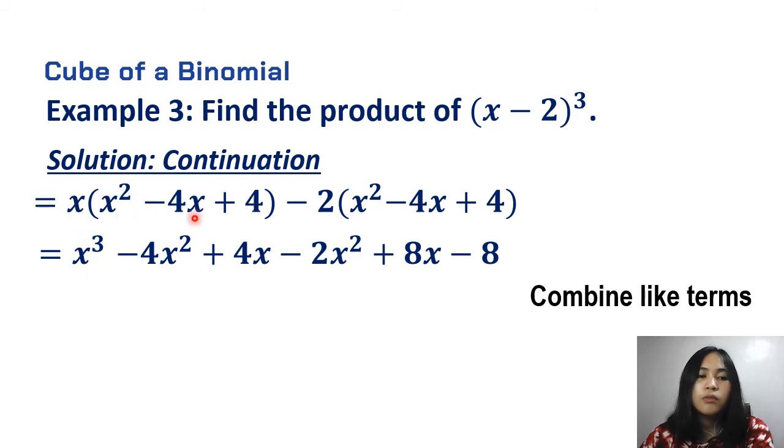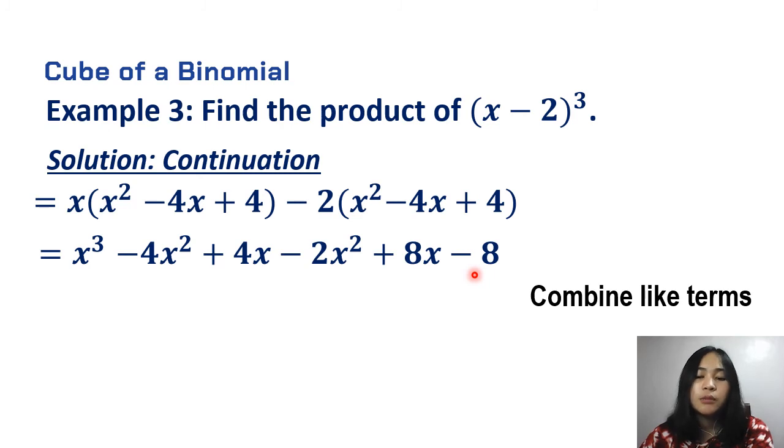X times negative 4x becomes negative 4x squared. X times 4 becomes 4x. Now, negative 2 times x squared becomes negative 2x squared. Negative 2 times negative 4x, they have the same sign, becomes positive 8x. Now, negative 2 times positive 4, they have different signs, right? So, it becomes negative 8.